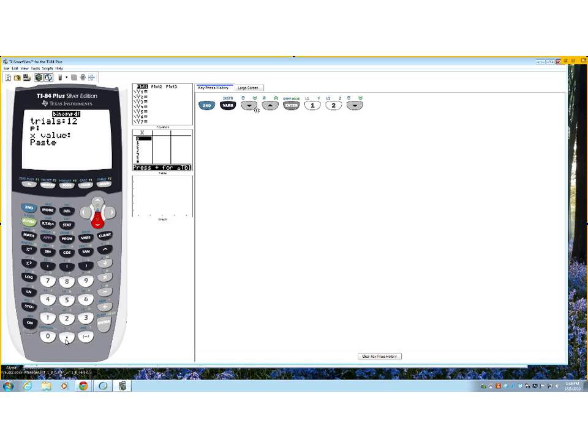Using your arrow key, you just come back down. P is 0.10, and then x, the one value of x we had was 3. So on the newer version, which is what I have, your information is entered from top to bottom. But on the old TI-84, your information is entered from left to right. So you have to enter 12, comma, 0.10, comma, 3, and then close your parentheses.